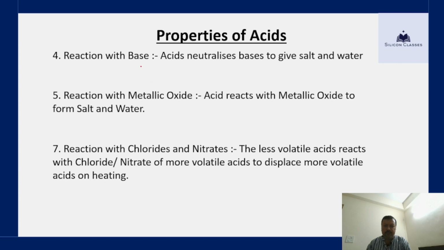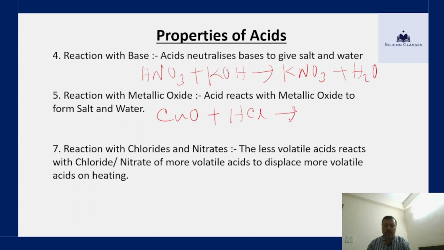For example, suppose nitric acid reacts with potassium hydroxide, it will form potassium nitrate plus water. Reaction with metallic oxide. Acid reacts with metallic oxide to form salt and water. Suppose, for example, the metallic oxide is CuO, which reacts with acid to form the corresponding salt, that is CuCl2 plus water.